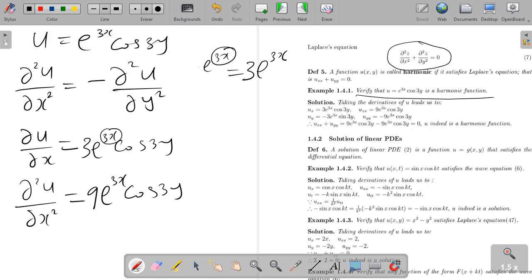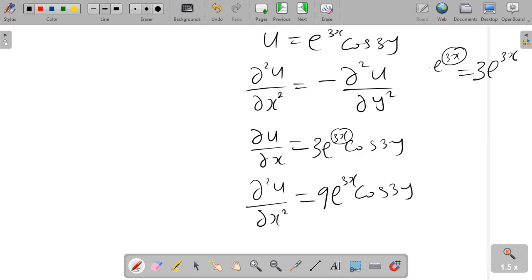So let us now get partial u partial y. We have done for x. Partial u partial y, we will differentiate. Anytime you are differentiating cos, let me write it here, cos 3y, just differentiate inside here, it will give you 3. If you bring the 3, differentiate cos something to give you what? Sine.